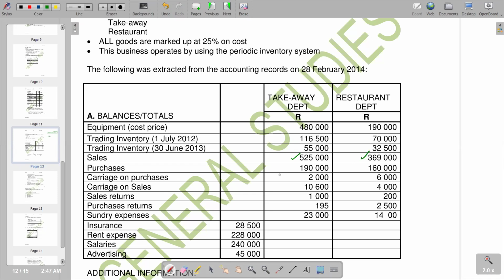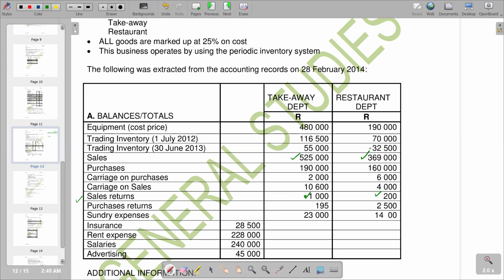Then we check if we have any sales returns. We do, and we need to subtract them from the sales figure to get the figure for net sales, or turnover. For takeaway, we have sales returns of 1,000, and for the restaurant, 200.